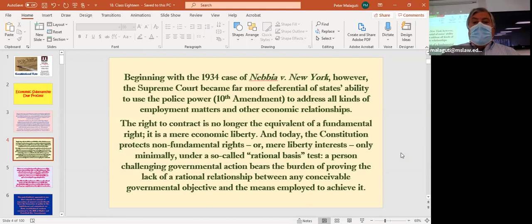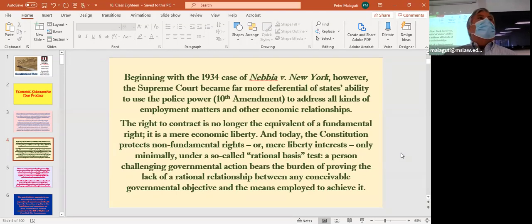Beginning in 1934, the Nebbia case, which we'll discuss briefly in a little bit, started to move away from viewing the right to contract as a fundamental right and started to move towards giving state legislatures more deference and not really second guessing the state legislators.